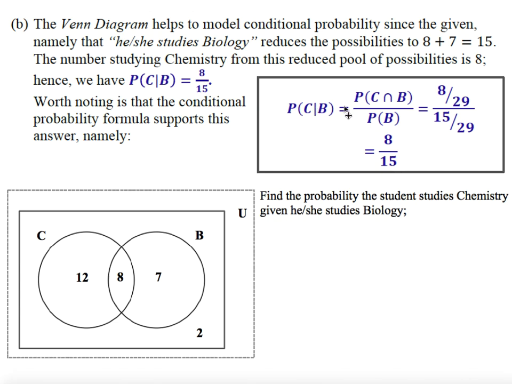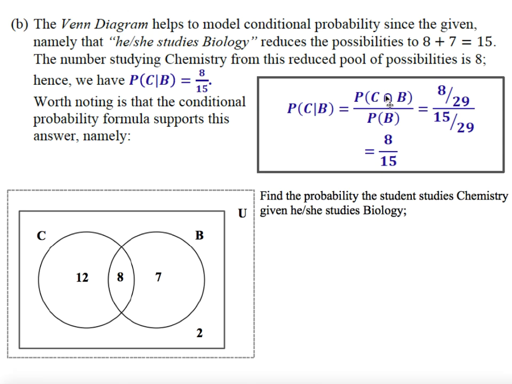Worth noting, if you wanted to attack it formulaically, once again, what's the chance of studying chemistry? So what's the probability you study chemistry given you are studying bio? That structure from your formula booklet will allow you to put the probability of bio down bottom, and this becomes a C and B notational representation here up top.